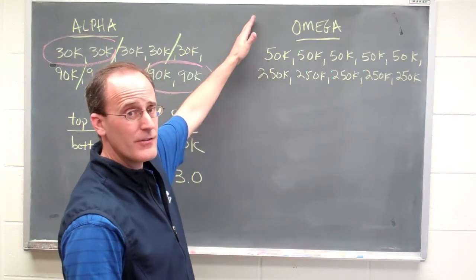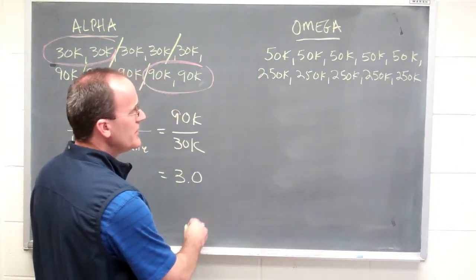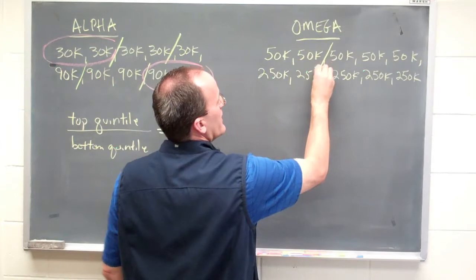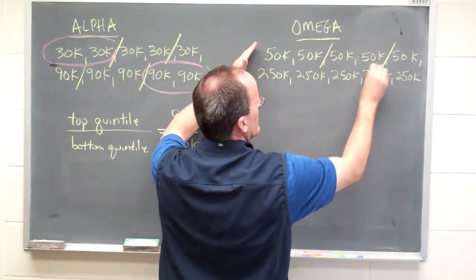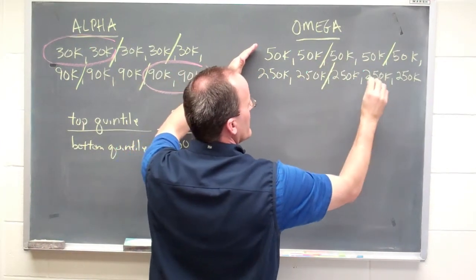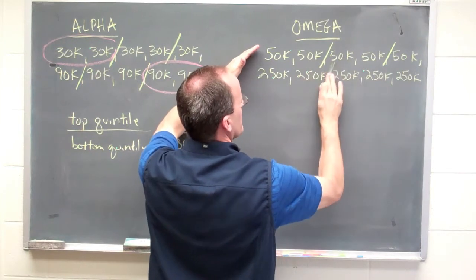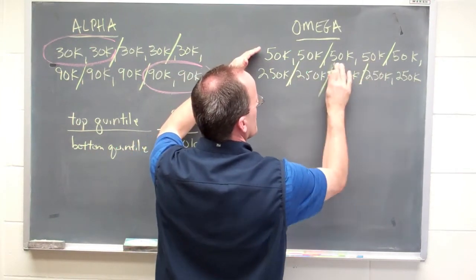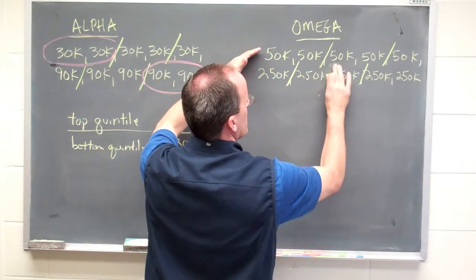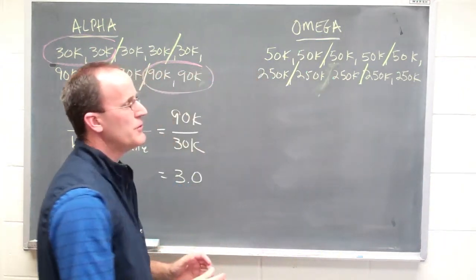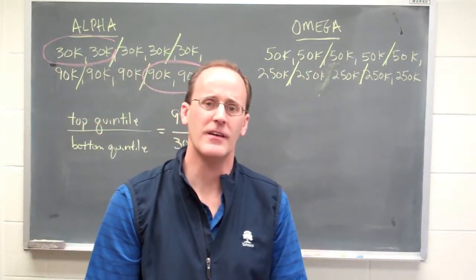We've got another society over here called Omega. We'll do the same exact thing. We divide this up into groups of equal size. And you can see the distribution is broken down into 5 groups.